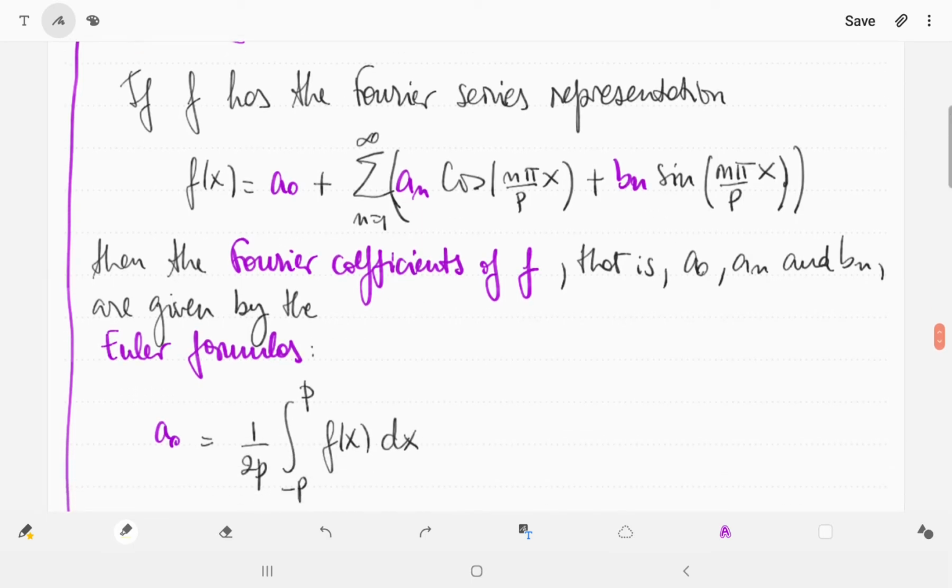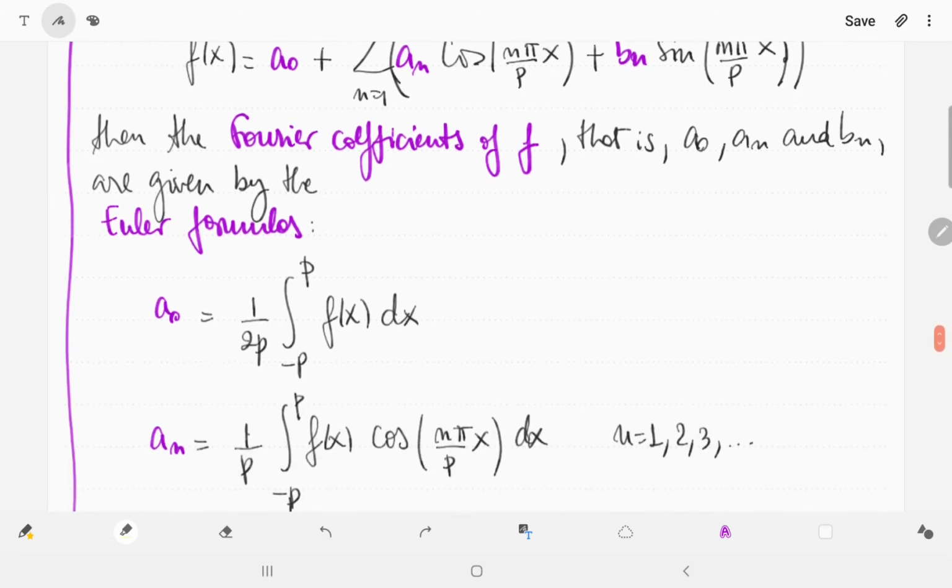So we have answered that if we assume f has a Fourier series representation in this way, a0 plus the series of an cosine n pi over p x plus bn sine n pi over p x, then we can compute the Fourier coefficients of f, which are a0, an, and bn, with these formulas that are called Euler's formulas.